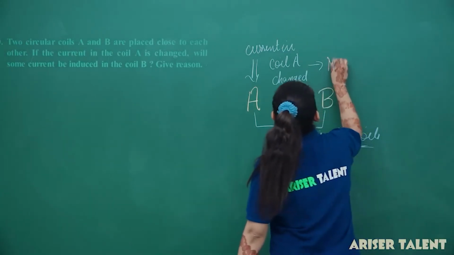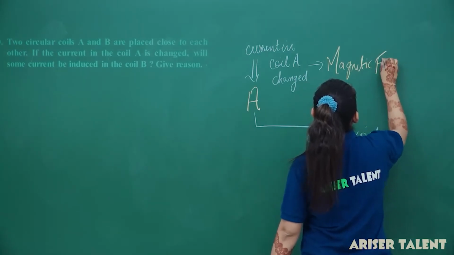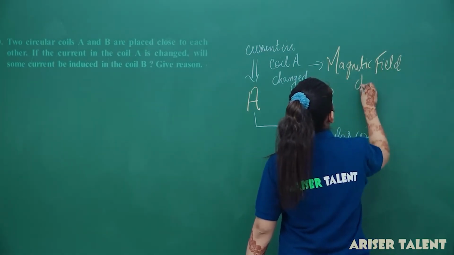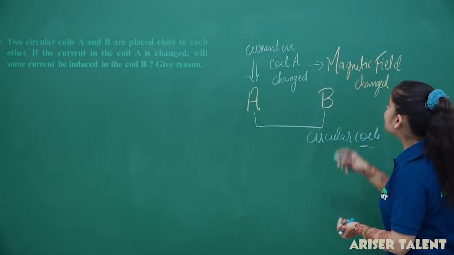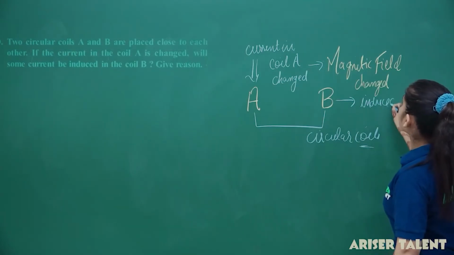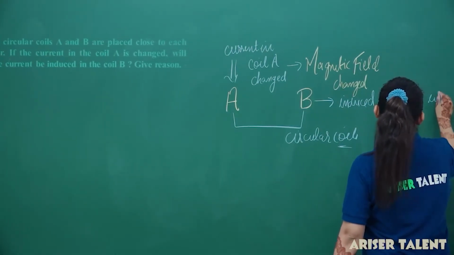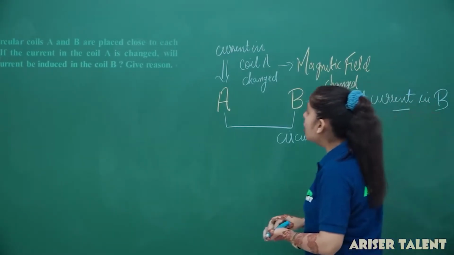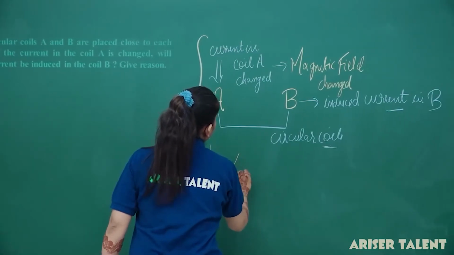So, in case of B, we have a change in the magnetic field, and if that magnetic field changes, we will also get the induced current in B. And this whole concept is according to electromagnetic induction.